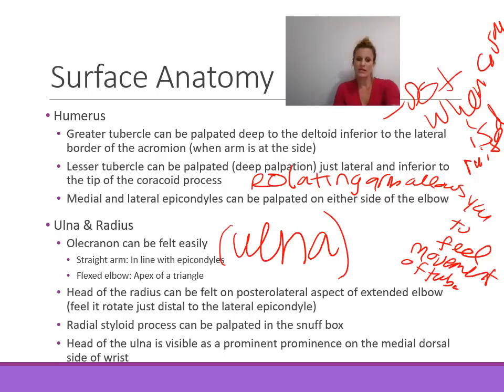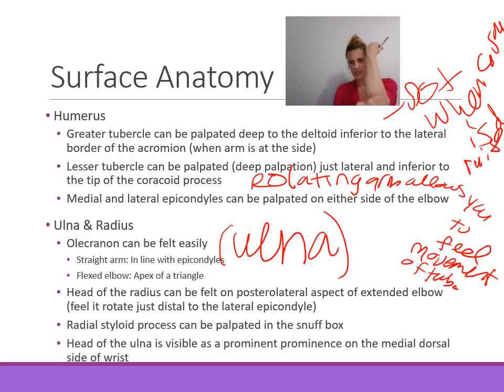The head of the radius can be palpated on the posterior lateral aspect of the extended elbow. So extend the elbow, and you can feel this just distal to the lateral epicondyle. The epicondyles are these bony protrusions on the side.